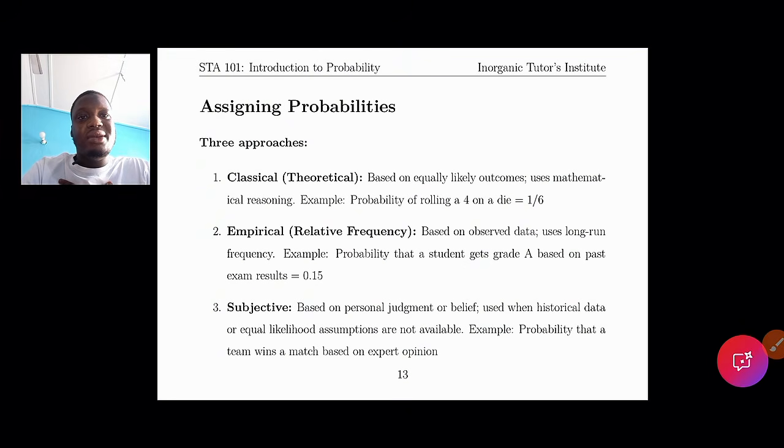That's your judgment. That one is not based on equal outcomes or observed data. You make your own analysis and give a judgment.